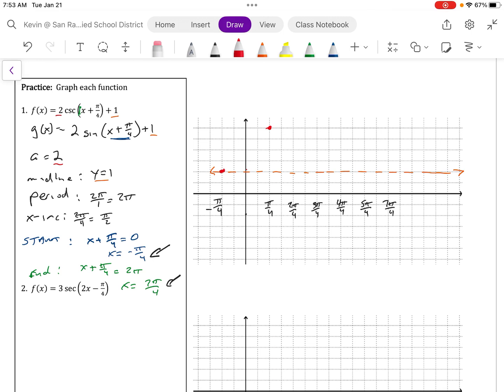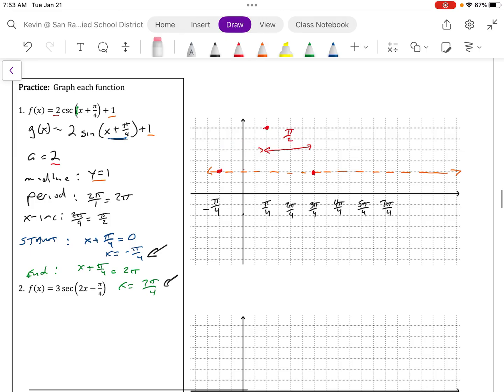I'm going to be back down here at 3 pi over 4. Why? Because the distance from here to here is pi over 2, and that's what my x-increments are. That's where I go from my midline to my max in terms of sine.